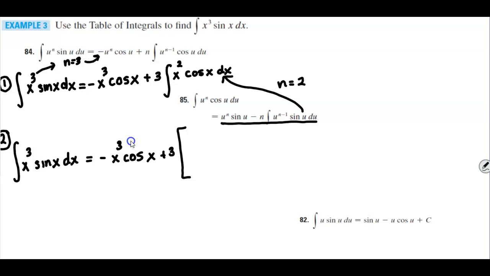So it's going to be 3 times x squared sine x minus 2 times the integral of x sine x dx.